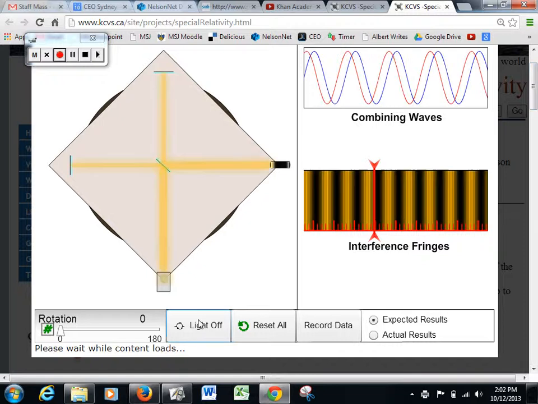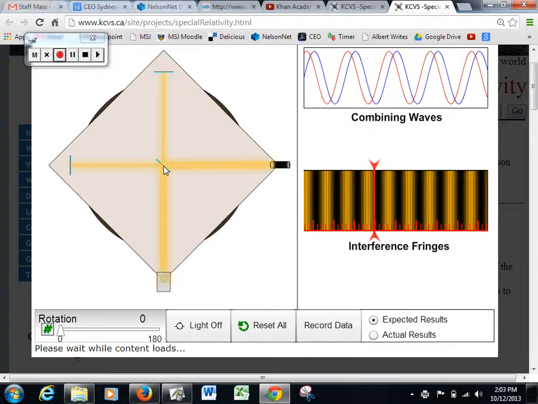By turning the light source on, we can see the light paths as the light comes out through this, then it hits the splitting mirror, and then it is put into two different beams, and then it is detected down here in the interference pattern.